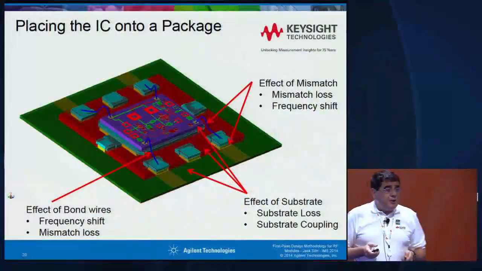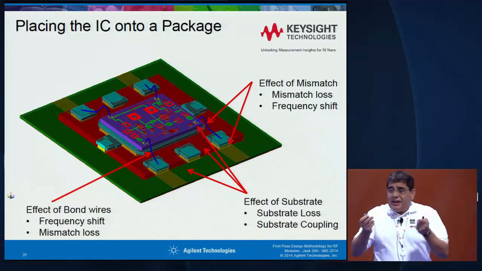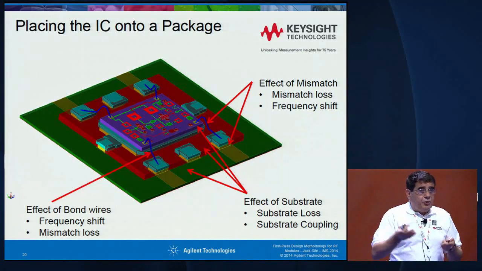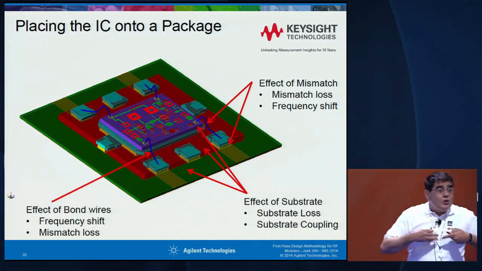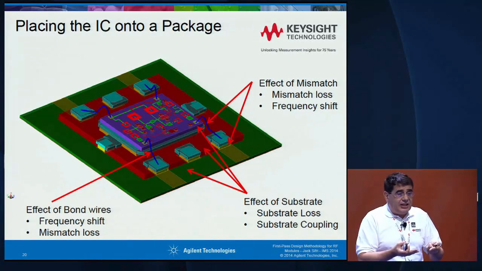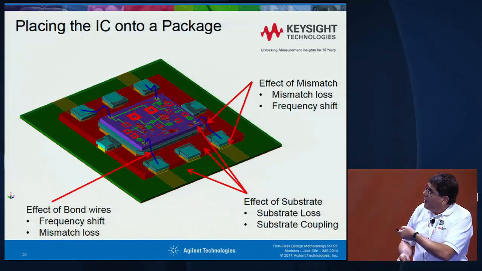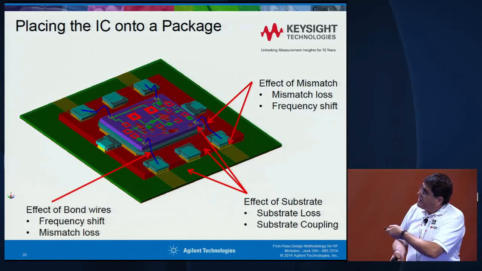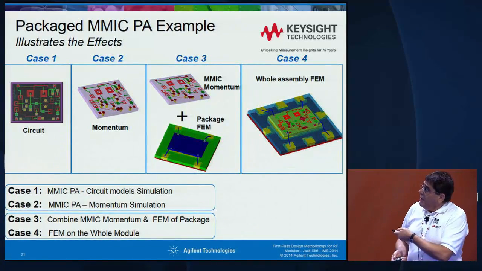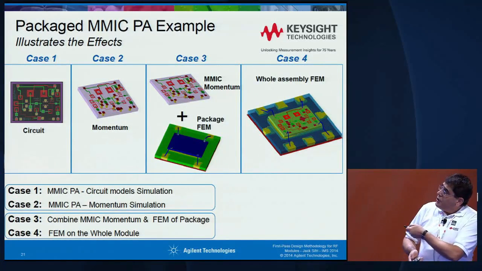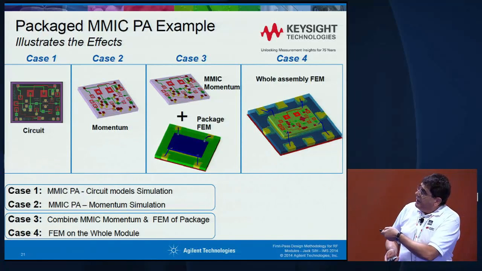Now the next step is you take that IC and you want to package it. You want to put bond wires, laminate, package, all this. So you have a new type of design challenges that you have to encounter: the bond wire effects, the substrate loss, the substrate coupling, all these effects. I did simulation on 4 cases of that LTE PA.